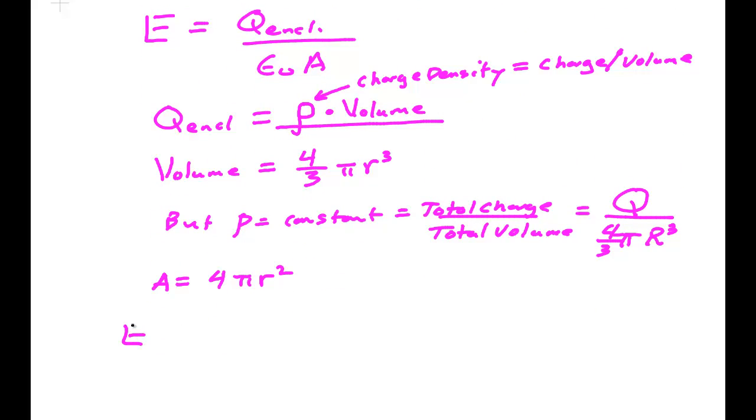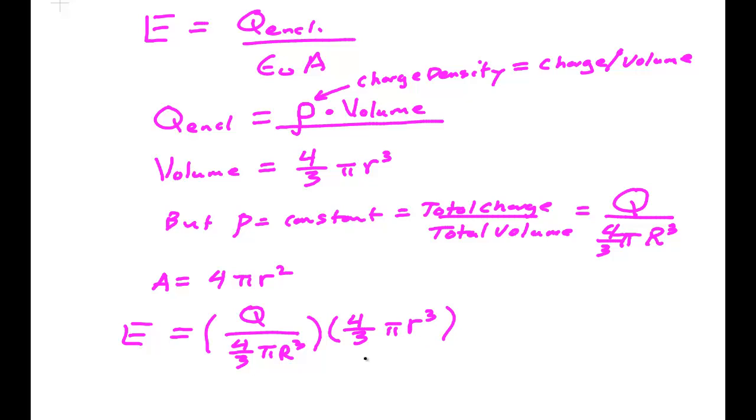The electric field is equal to Q over 4/3 pi big R cubed, that's the total charge, times the volume, 4/3 pi little r cubed, and all of that is over epsilon naught 4 pi r squared.